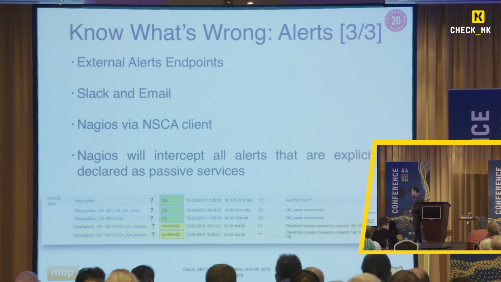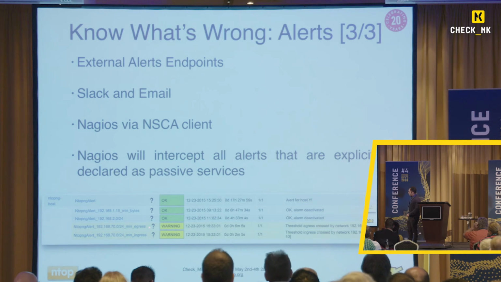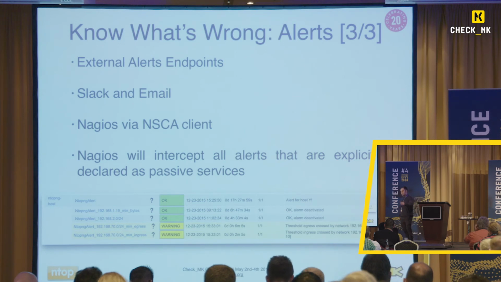This is a screenshot that shows the Nagios dashboard with alerts generated by ntopng. This means that this network, 192.168.70/24, is exceeding a threshold set for the egress traffic over a minute. So this network is sending too much traffic towards the outside.